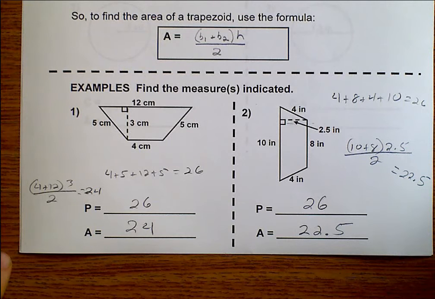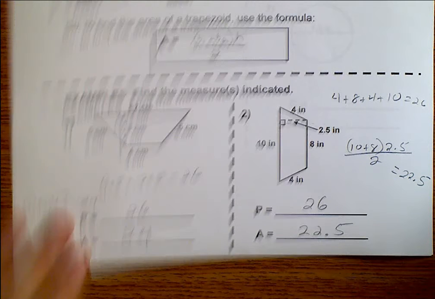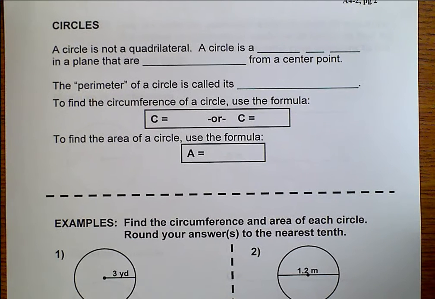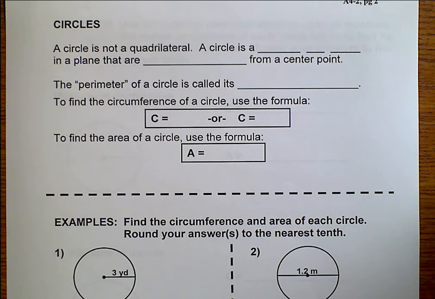Let's go ahead and take a look at the next page. Now a circle is not a quadrilateral.